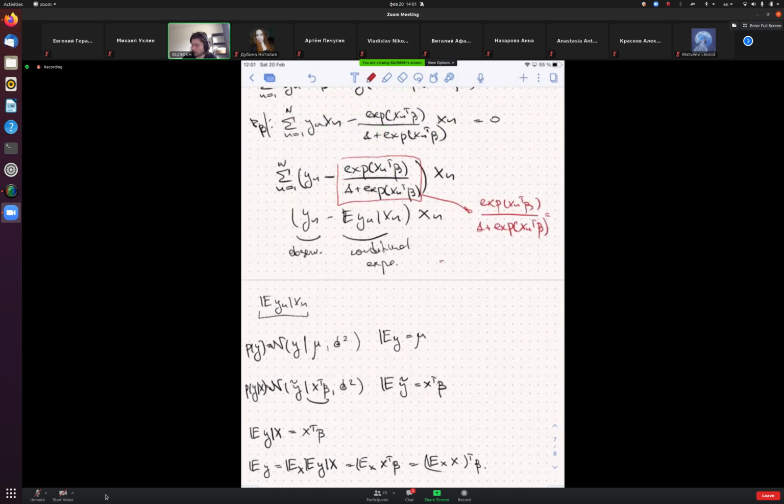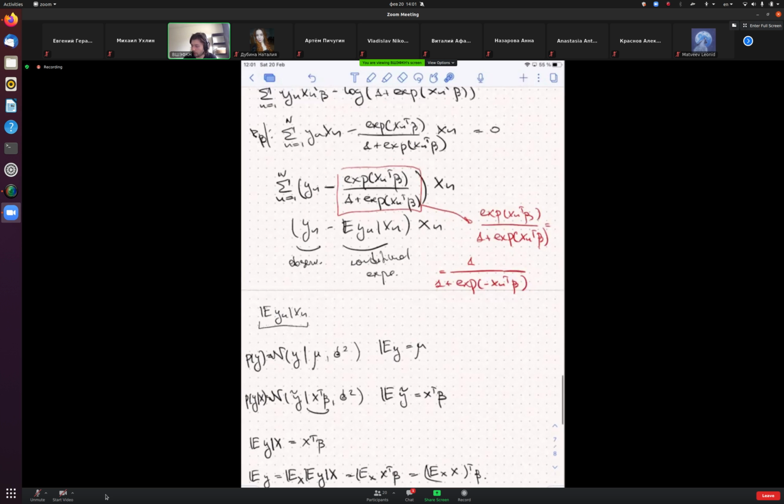Let's also divide over this guy to get more familiar. We get this. So here you could recognize our linear model, x n transpose beta, but above it we have a sigmoid function applied.